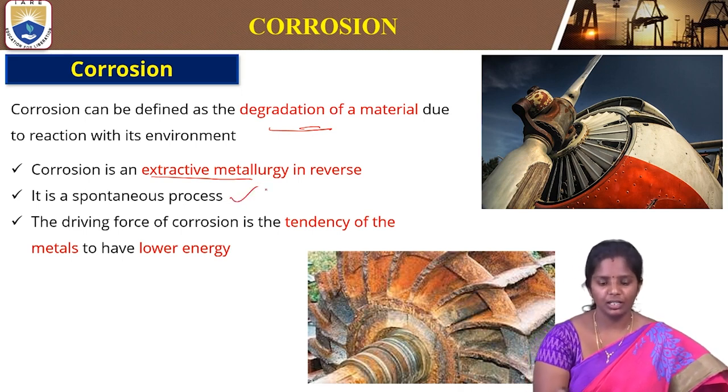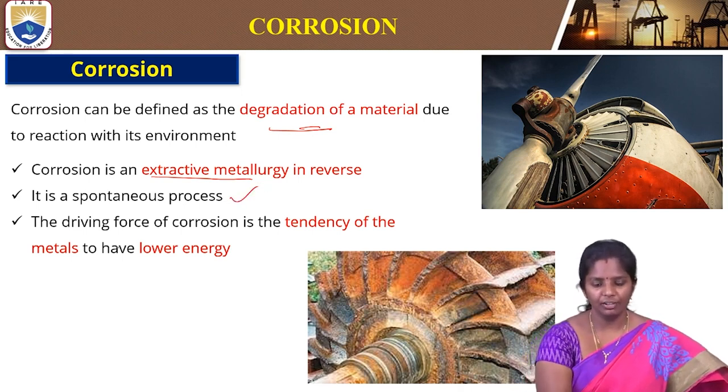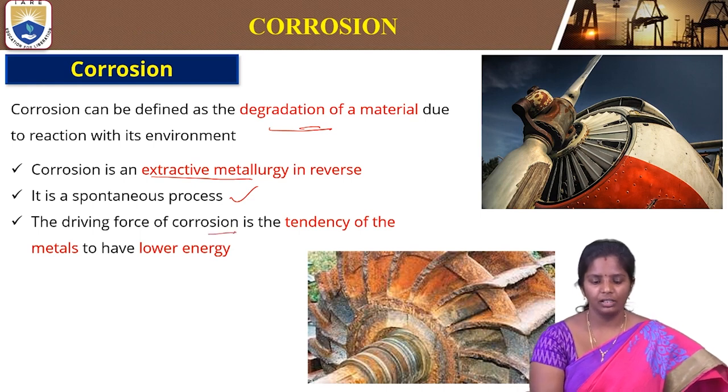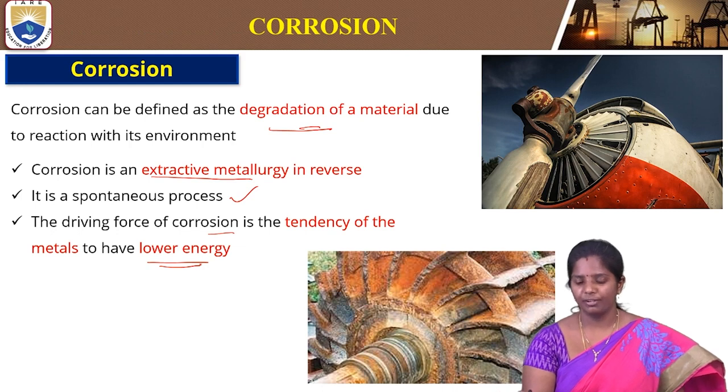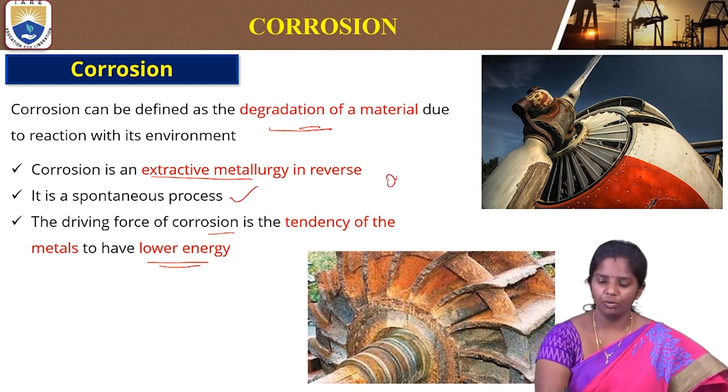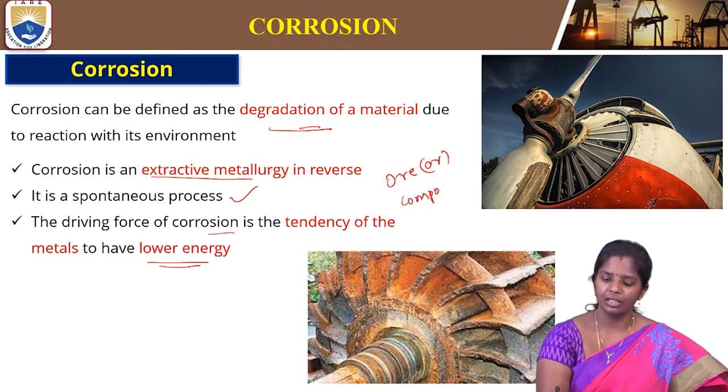So it is a spontaneous reaction. The driving force for this reaction is the tendency of metals to have lower energy. When a metal is in its stable form, as an ore or compound, it has lower energy.